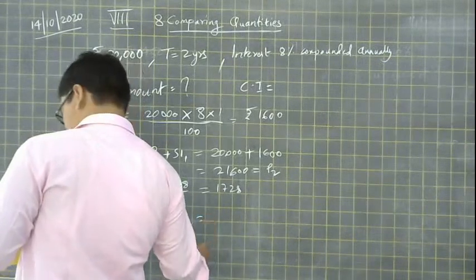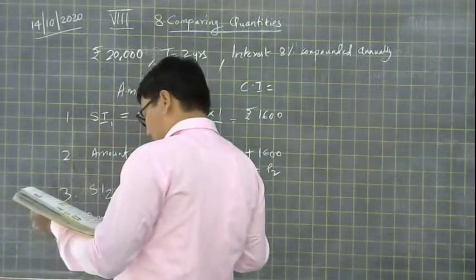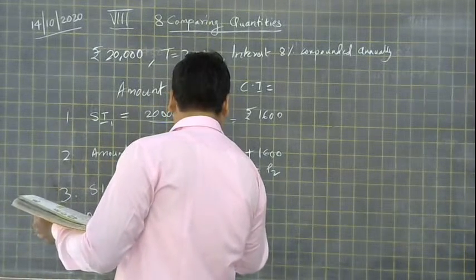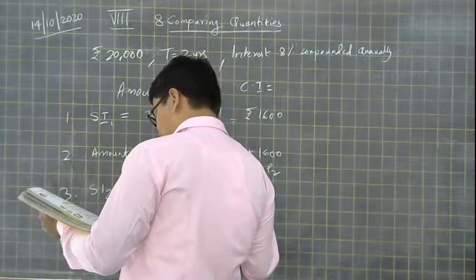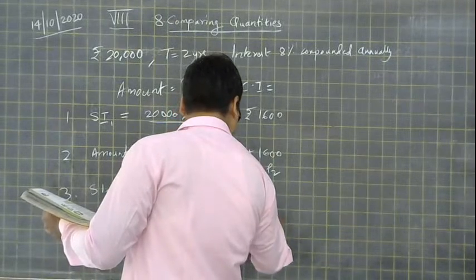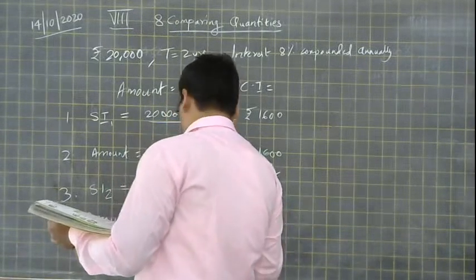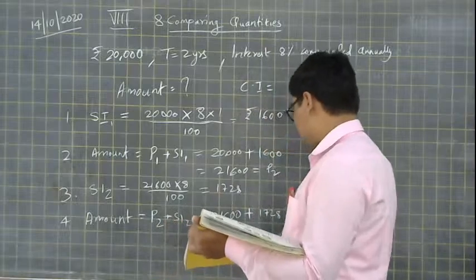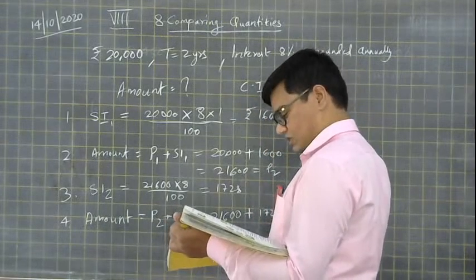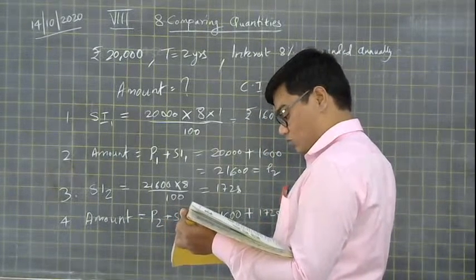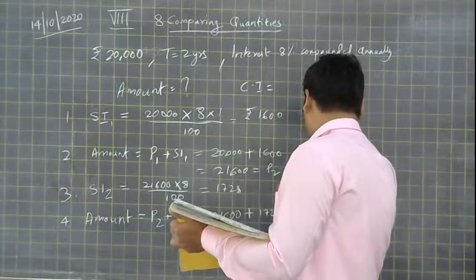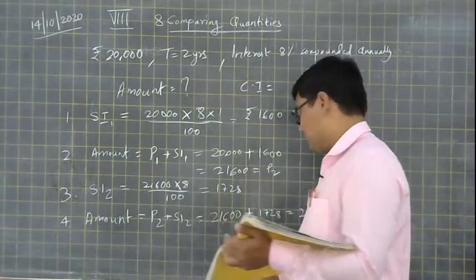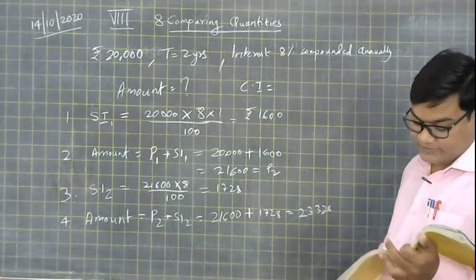P2 is 21600 and SI2 is 1728, which is equal to 23,328.